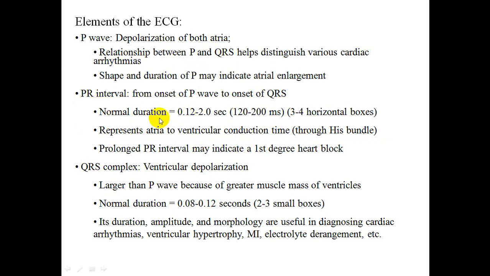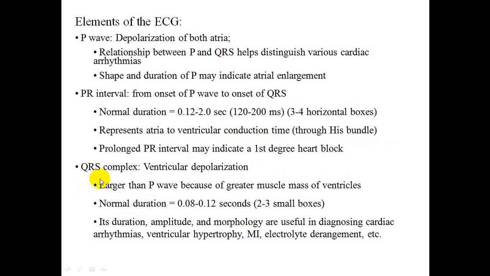If it's more, it's called a long PR, which is first degree heart block. It represents the atria to ventricular conduction time through the His bundle. A prolonged PR interval is more than 4 small boxes, or more than 0.2 second. This means there is first degree heart block.